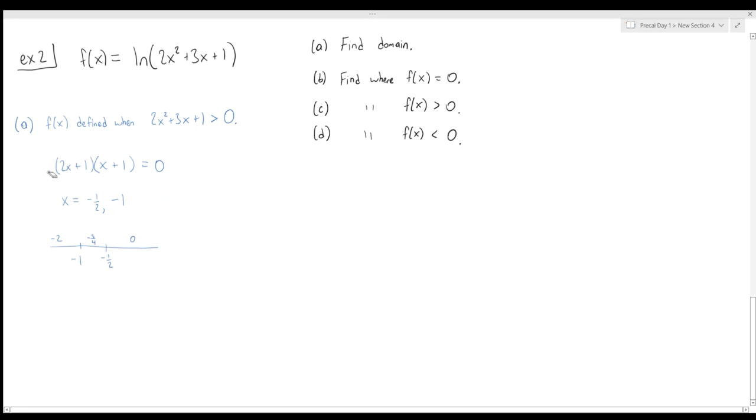And we can plug them into this polynomial to figure out if it's positive or negative, okay? So plug -2 into x here. Both terms will be negative, so the polynomial is positive in this interval. If you plug in -3/4, it's going to be -1.5 plus 1, which is still negative. And when x is 0, it's all positive.